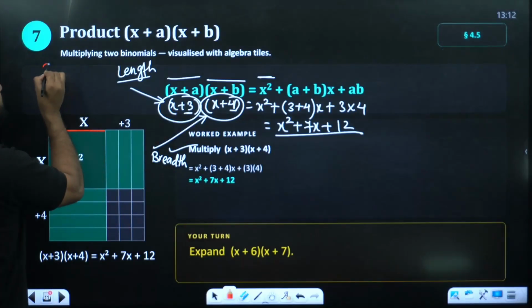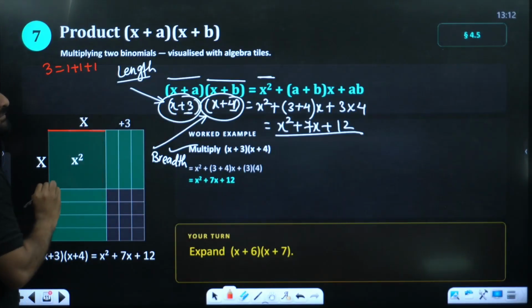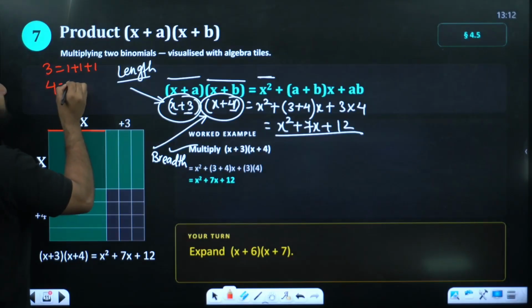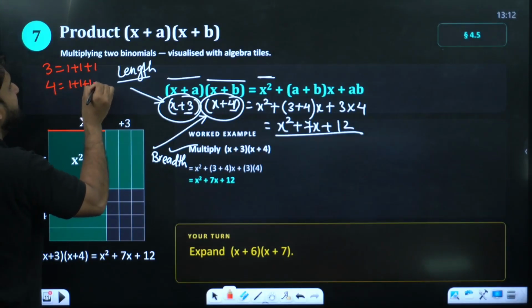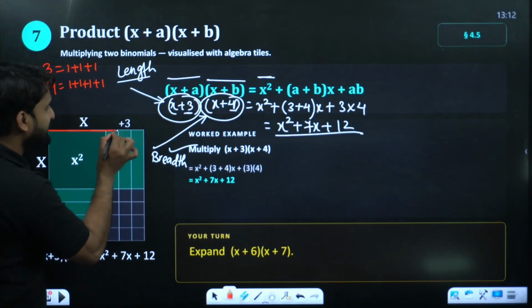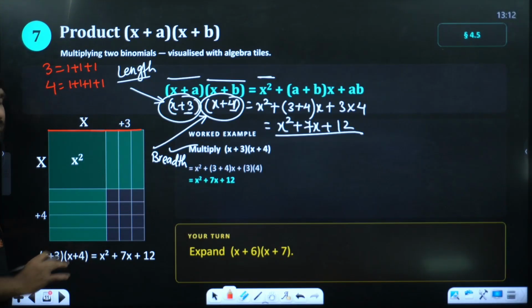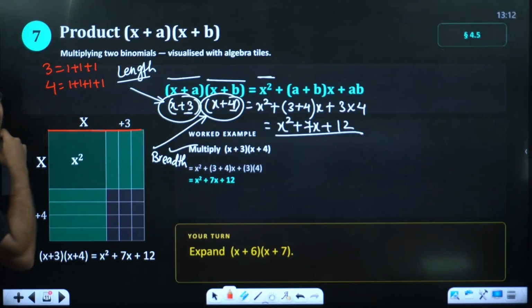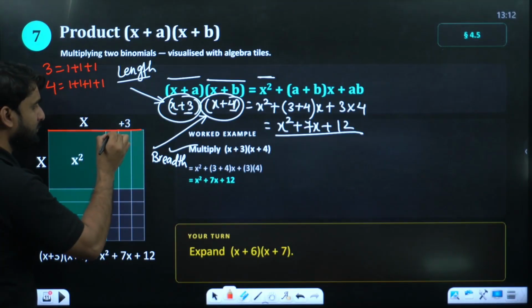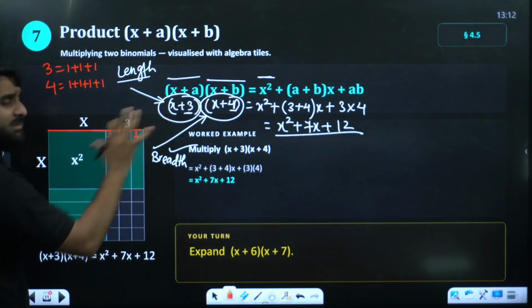So 3 can also be distributed into 3 equal parts. I'm taking here 1 plus 1 plus 1, so 1 box, 2 box and 3 box. This is 1, 1 and this is 1. So it has become x plus 3.